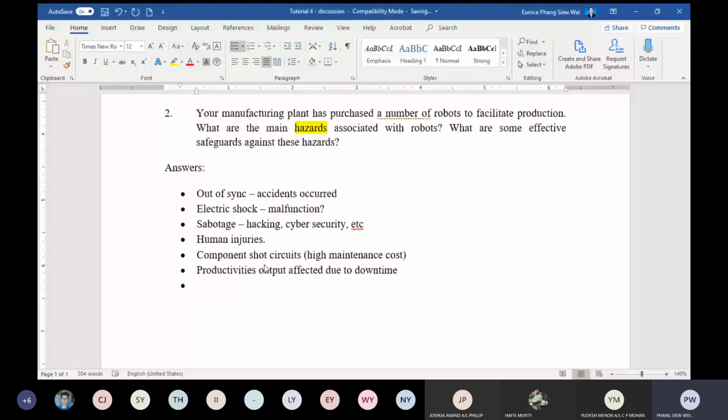Supposedly robots will increase productivity or reduce costs, because with humans we have wages and all that. Robots are just a one-time payment, you buy them, you have them, and you can run them for 24 hours. So what are the things that we have to be careful of?